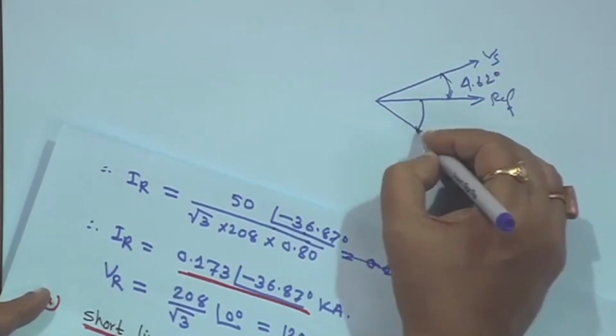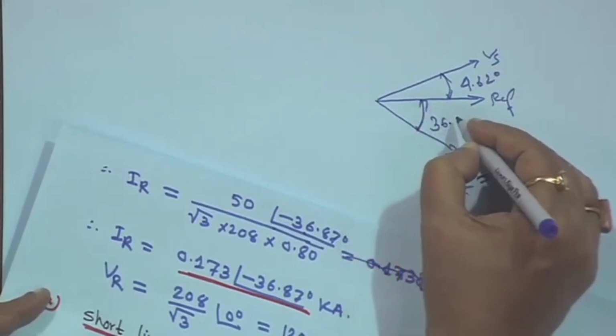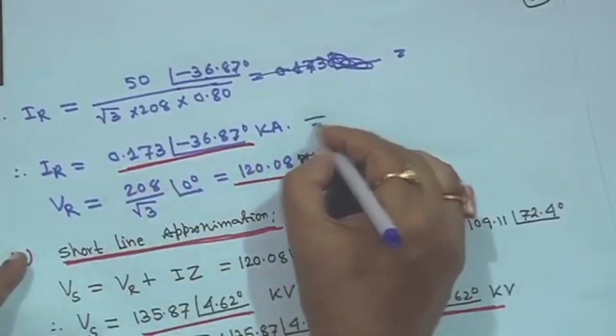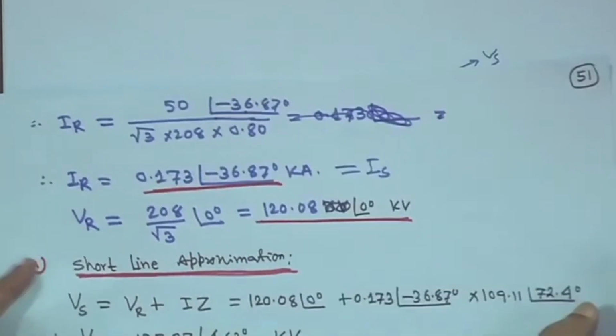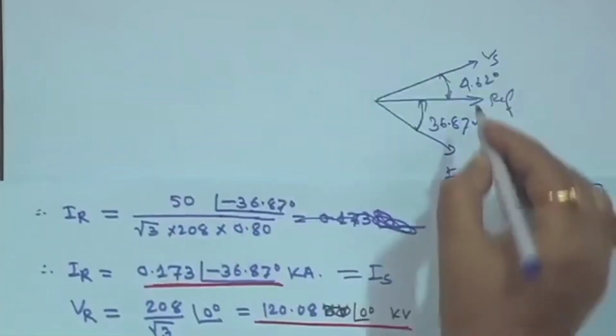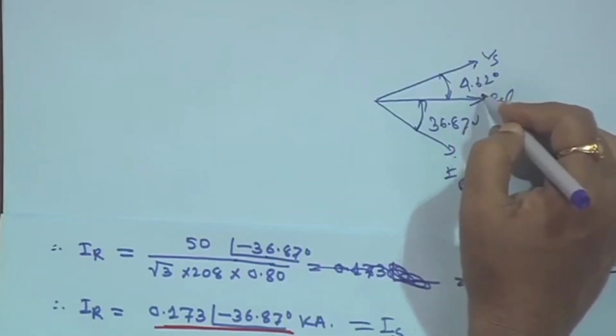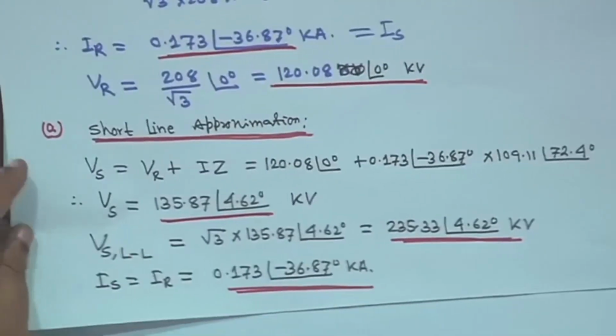So, this angle is equal to 36.87 degree, for the sending end voltage and sending end current. But let me tell you, for a short line IR is actually equal to IS. So, the power factor angle will be the angle between this voltage and current. So, it will be 4.62 plus 36.87, which is what I have done here, right.